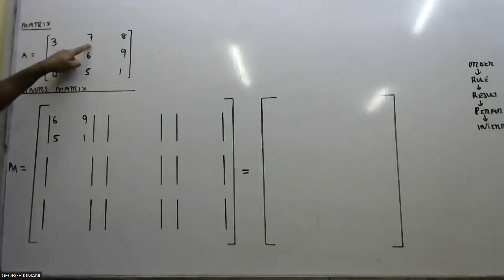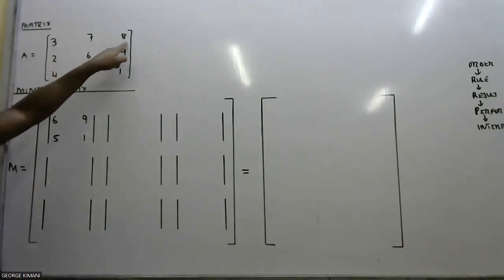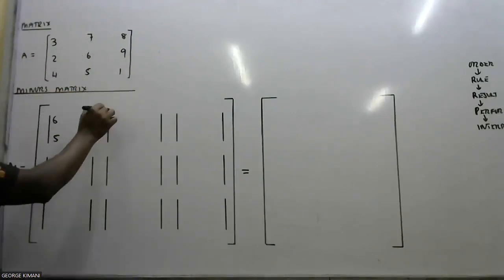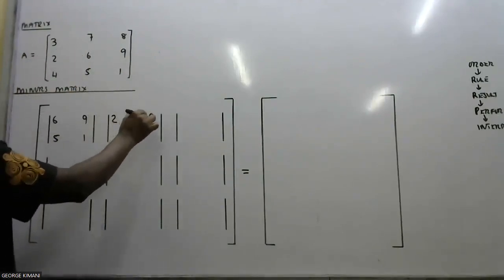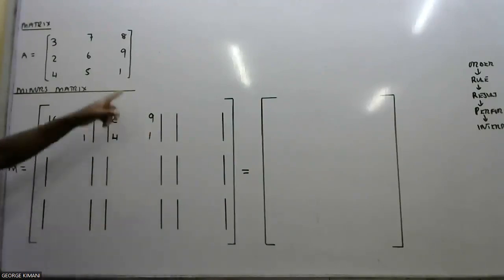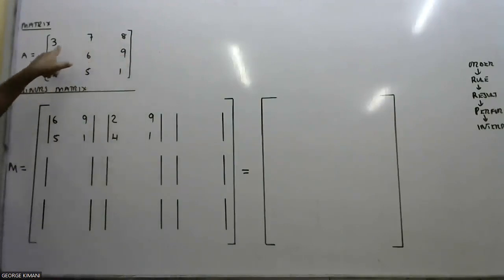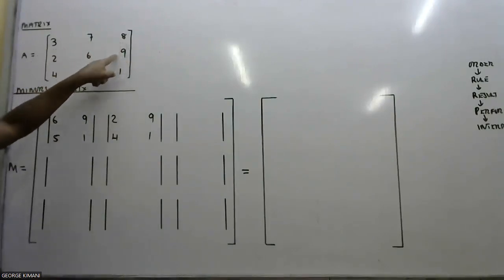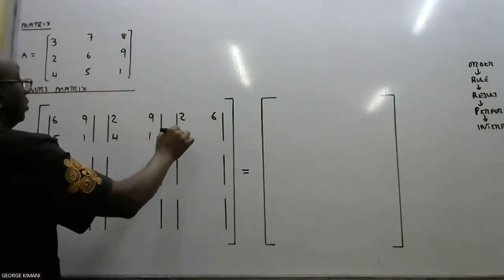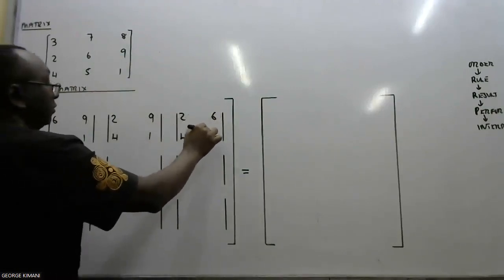When you come here, you drop everything in this row and in this column. You are left with 2, 9, 4, 1. You come here, drop everything in the first row and that column. You are left with 2, 6, 4, 5.